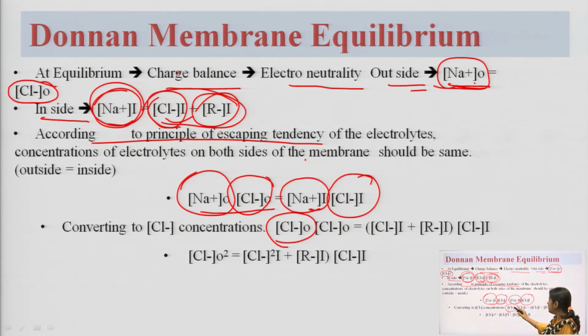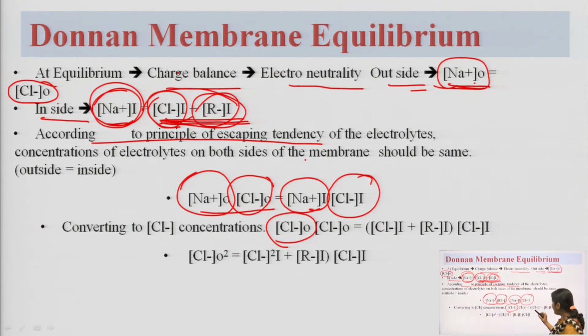So, here it will be Cl minus outside multiplied by concentration of Cl minus outside is equal to, in place of Na plus concentration inside, we can replace this term by this one.